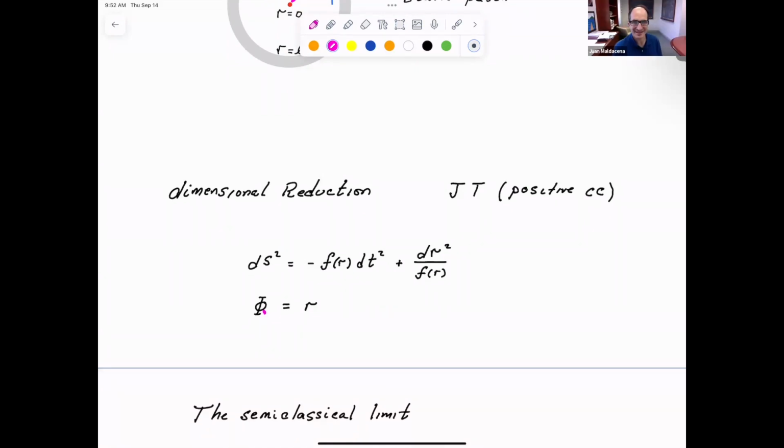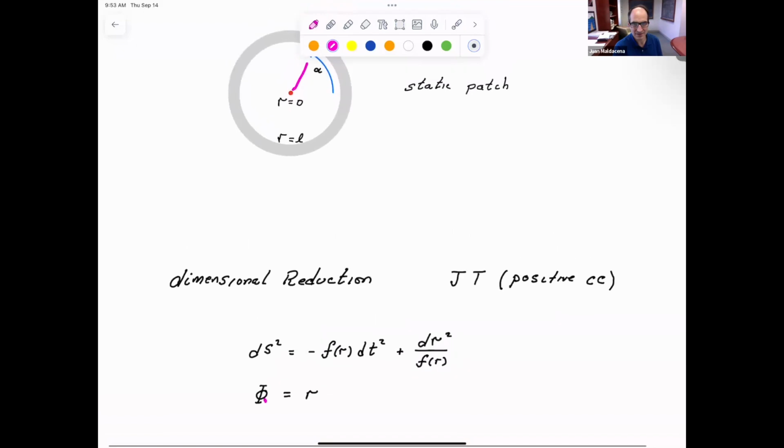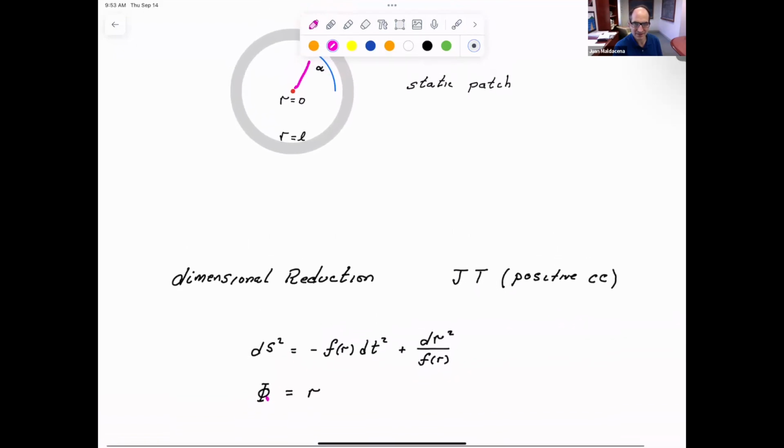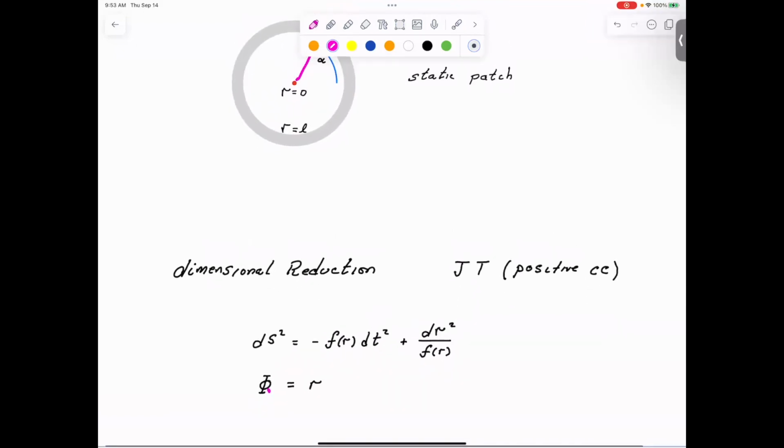Truncation of. I mean, this theory is singular at r equal to 0 because of the action for the scalar fields. So from the two-dimensional point of view, r equal to 0 is some kind of wall, right?